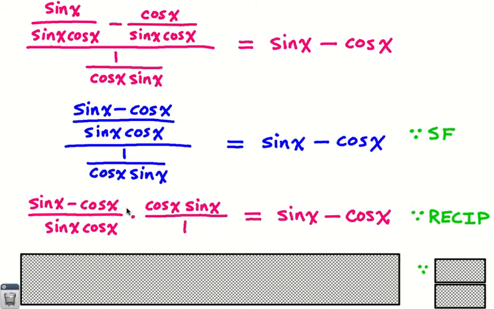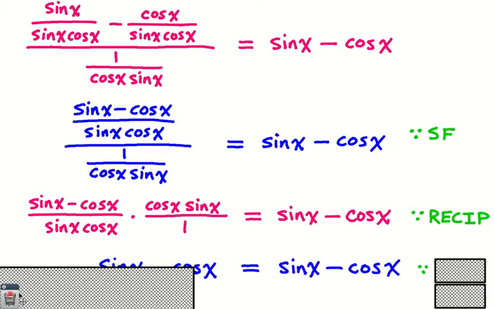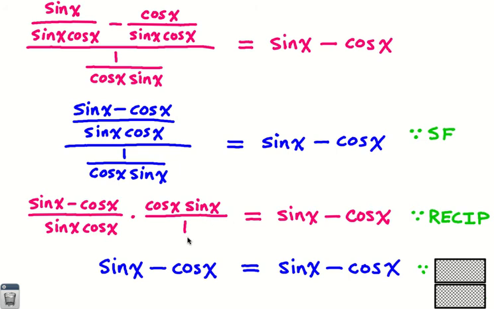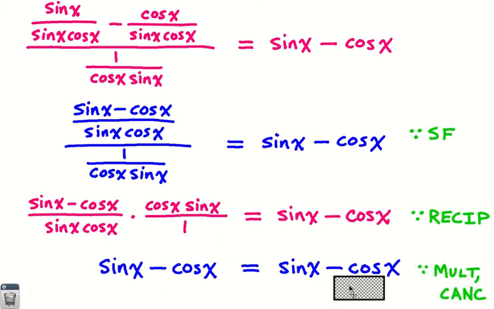So we flip and multiply. And now, people, we just multiply the fractions. When we do that, this is going to cancel with this, and we are going to be done, because this sine x, cosine x canceled with this cosine x, sine of x. And we're done.